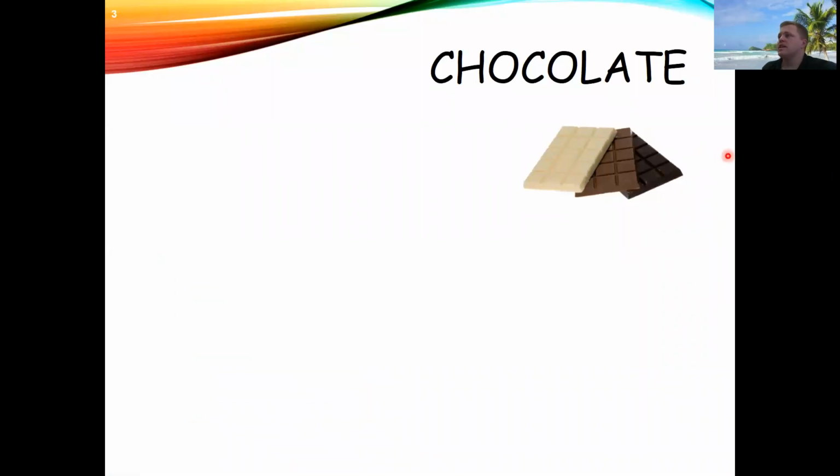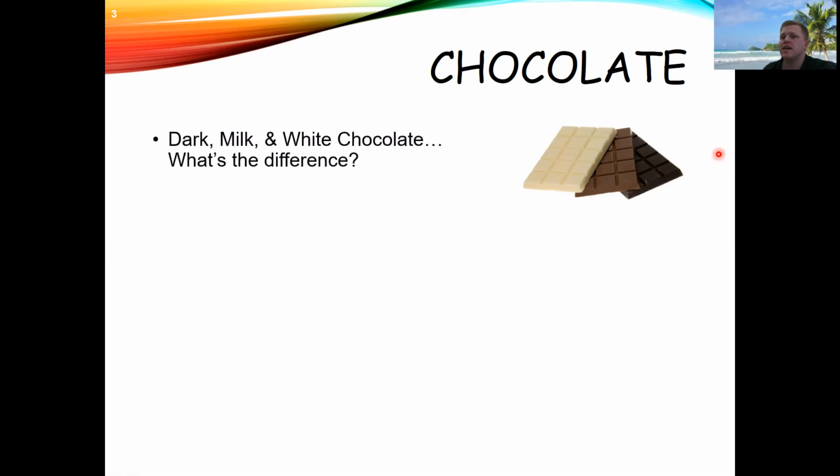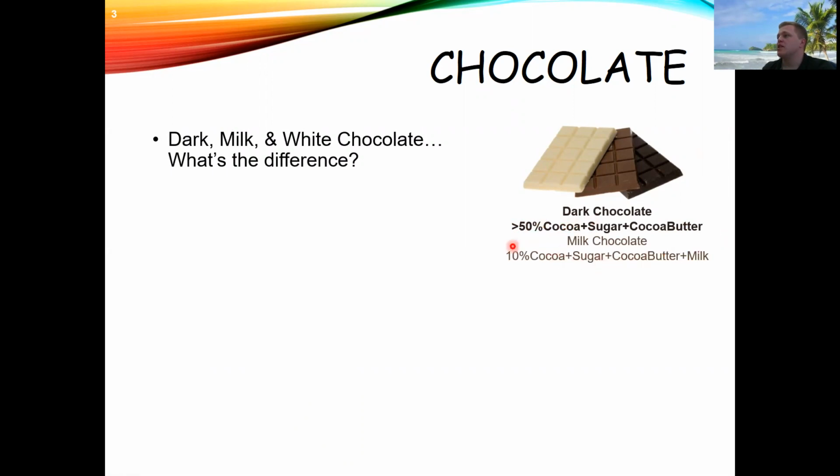But what is the difference between all of these guys? Well, for it to be considered dark chocolate, it has to have more than 50% cocoa. And I know that's probably pronounced cacao, but I never remember when to say cacao and cocoa, so we're just going to call everything cocoa. For it to be milk chocolate, you usually have around 10% cocoa, but it can be higher or lower.